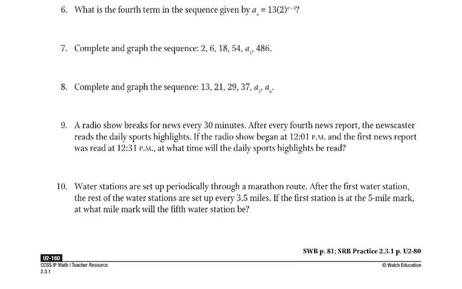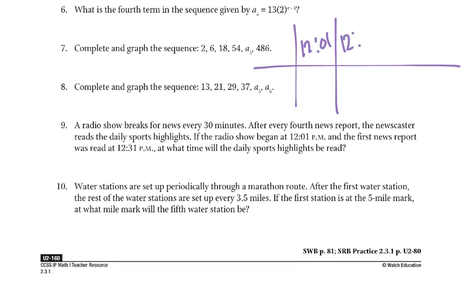Okay, so you'd kind of want to make a table using the times, right? So we have 12:01 for the first time the news is done, then 12:31, then 1:01, 1:31 would be the fourth time, right? So that would be when we would hear the sports. Okay.